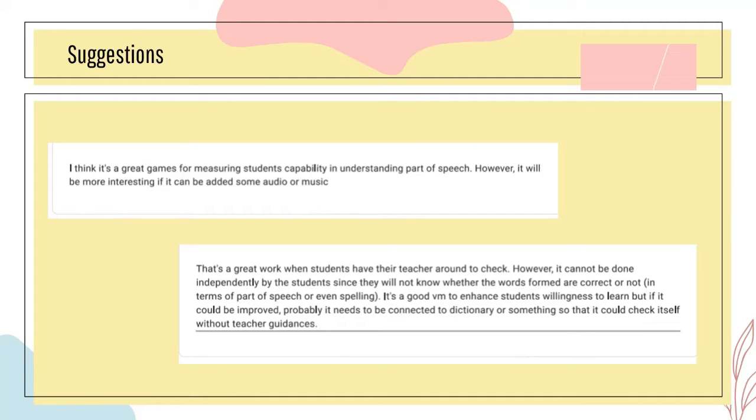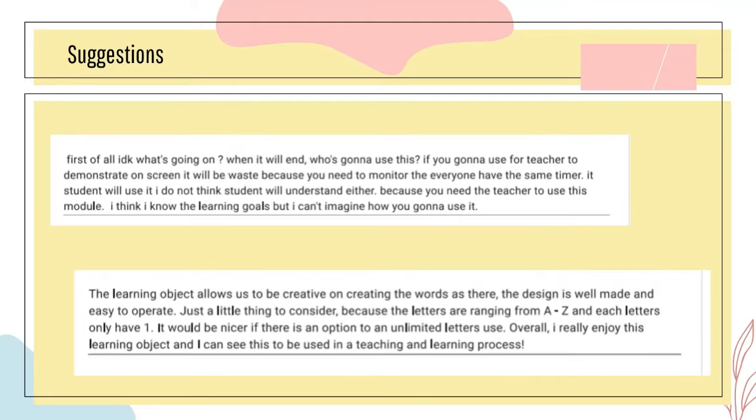The second expert also says it is great work when students have their teacher around to check. However, it cannot be done independently. That's why it is suggested to connect it to a dictionary or something so that it could check itself, like a virtual manipulative, so the learning object can give direct feedback to the students.